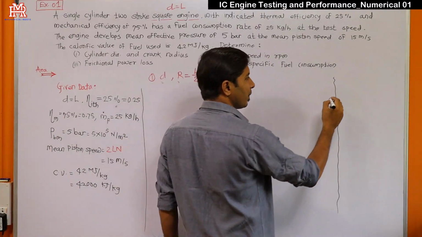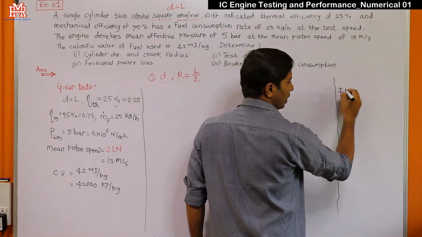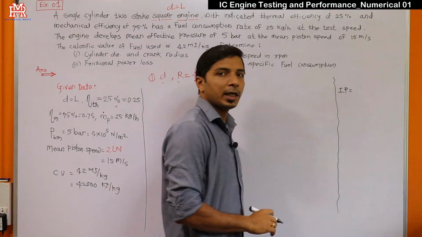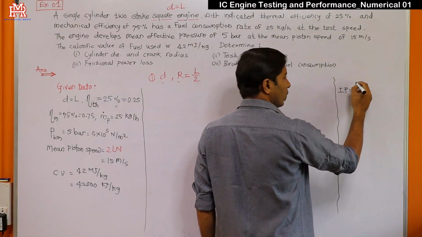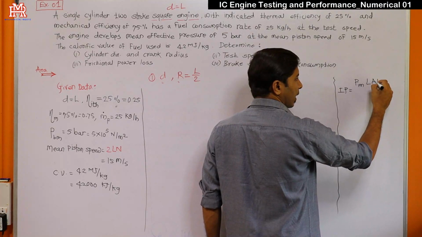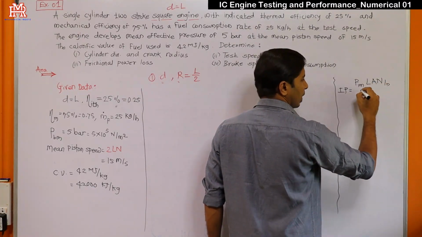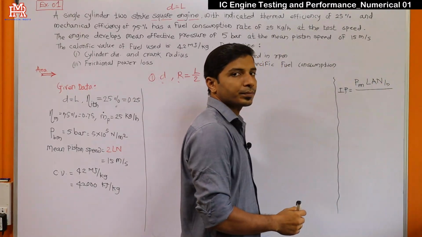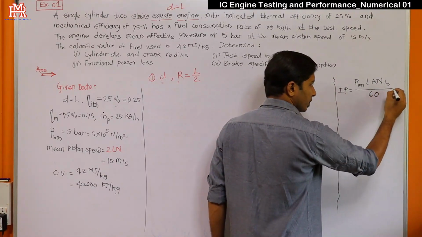So which is the formula? IP means indicated power, which is equal to PIM LAN by N divided by 60 watt.